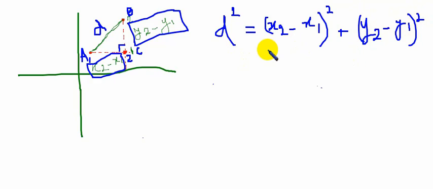Now we need the distance d and not d squared. There is a square on it. How can we get rid of that square? The square root. Exactly. Now let's take the square root on both sides.